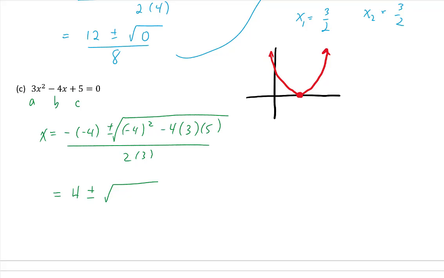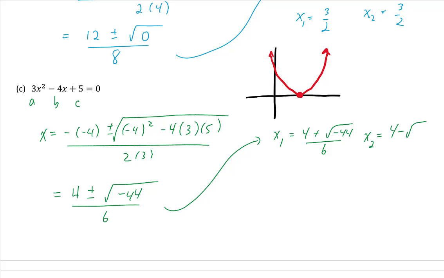So that's 16 minus 60, which gives us negative 44 all over 6. So our two roots are x1 equals 4 plus the square root of negative 44 over 6, and our second root is 4 minus the square root of negative 44 over 6.